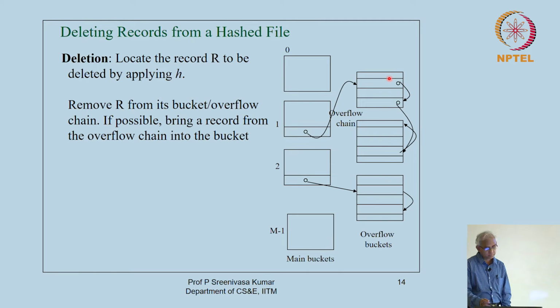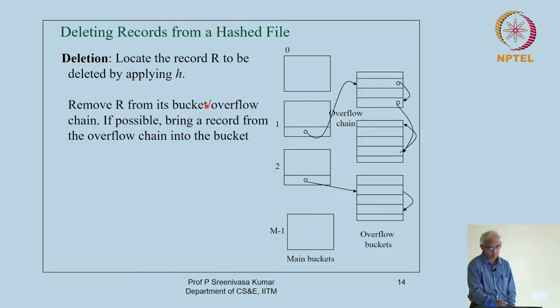Now deleting a record is also similar. All that you have to do is first use the hash function to locate the record which has to be deleted. Then remove that record from the bucket or the overflow chain, wherever it is.